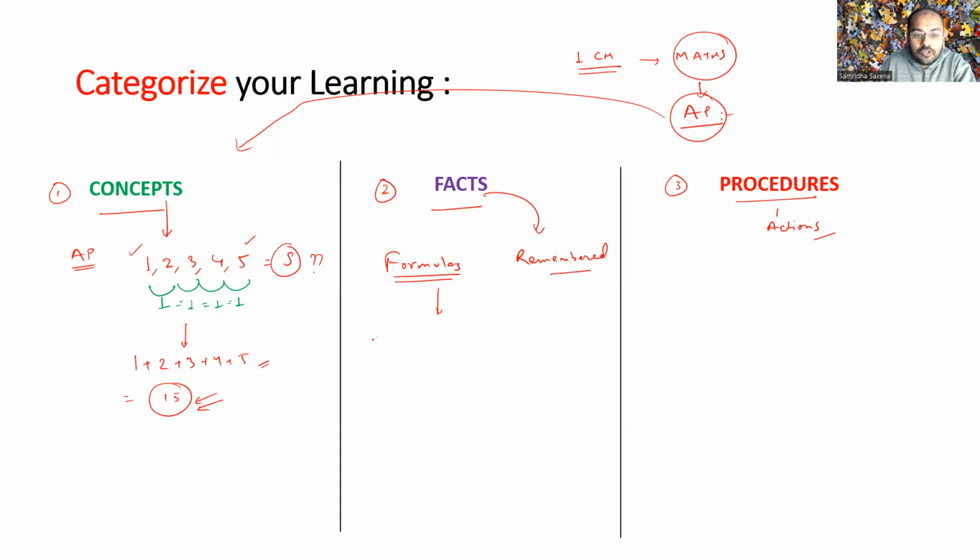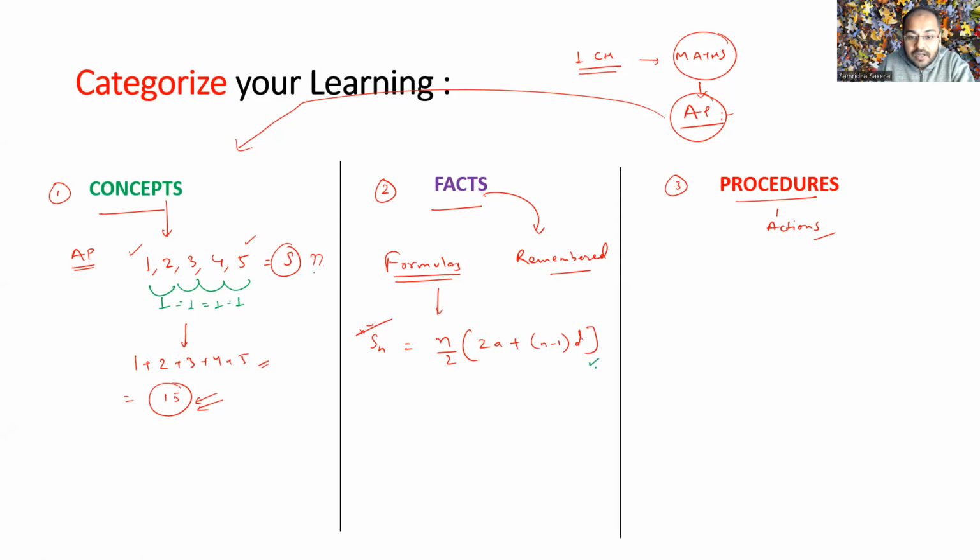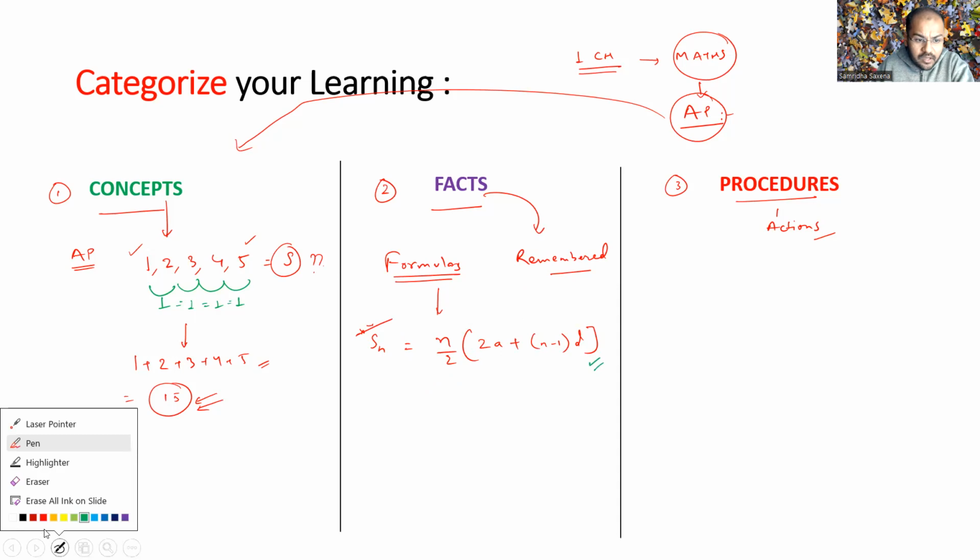In this case, suppose the sum of n numbers needs to be found out. So Sn is n by 2 into 2a plus n minus 1 into d, right? This formula needs to be remembered. The remembering part comes under the facts.